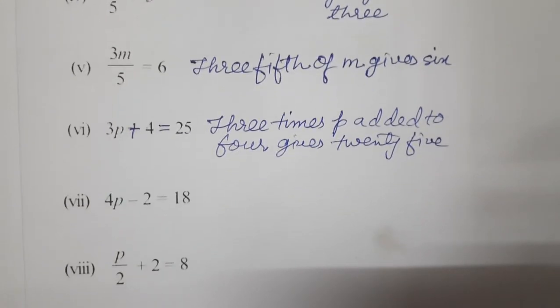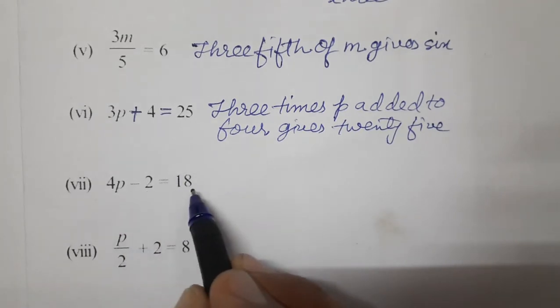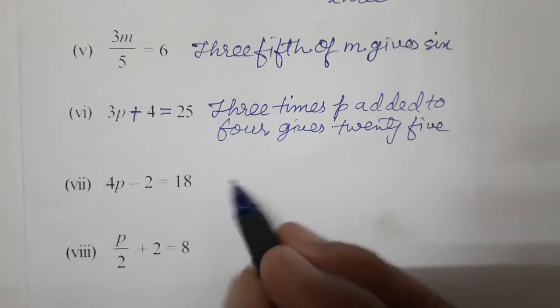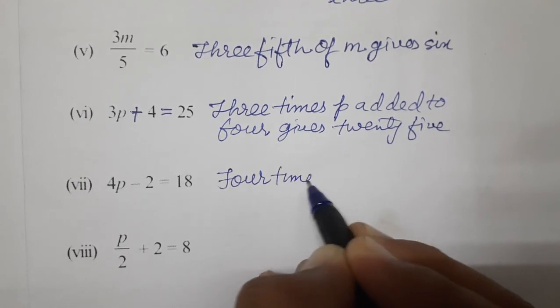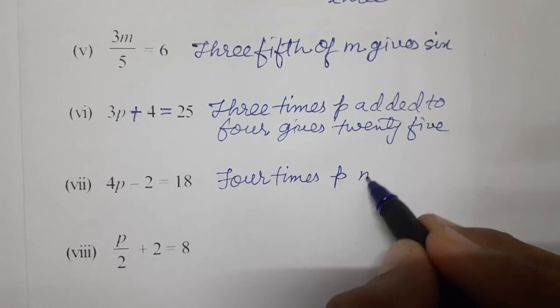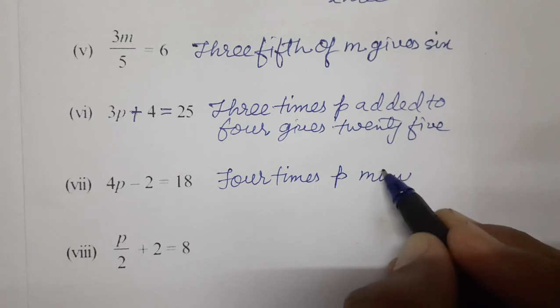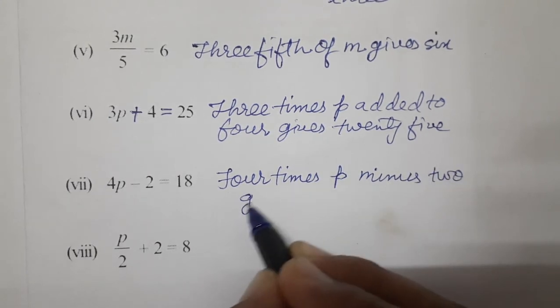Next one, 7. See the seventh one. 4P minus 2 equals to 18. So how will we write? 4 times P minus 2 gives 18.